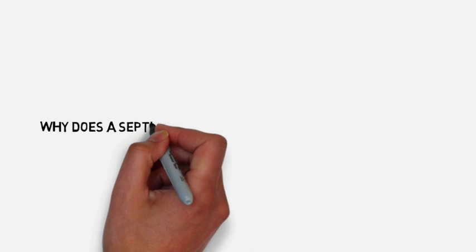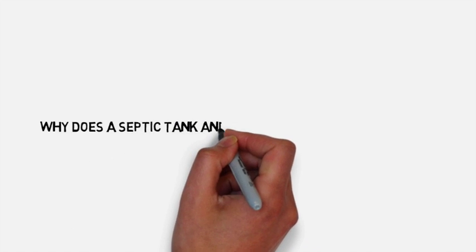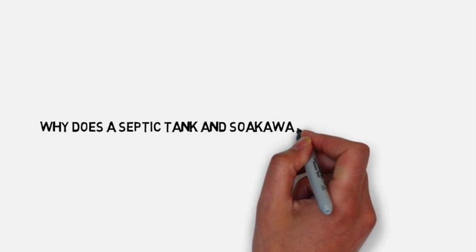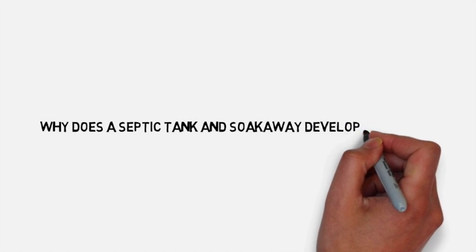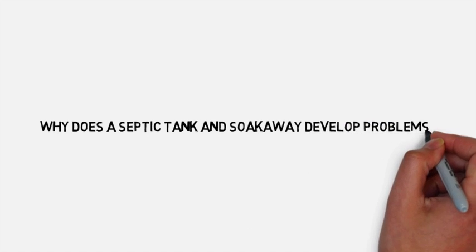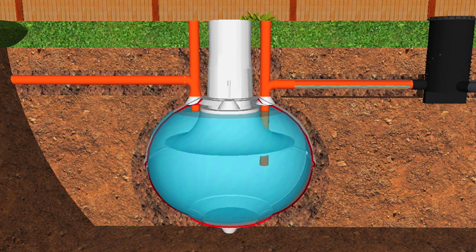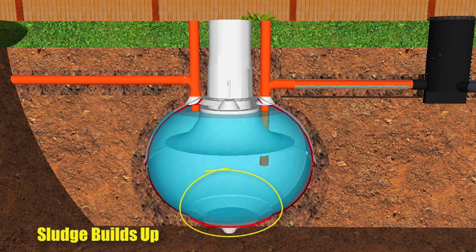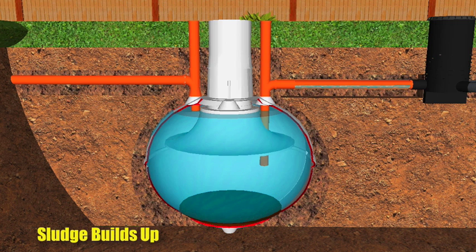So now we're going to look at why does a septic tank and soakaway develop problems. Main problem is sludge. Sludge builds up at the bottom of the tank and over time it slowly rises, making its way up the septic tank.